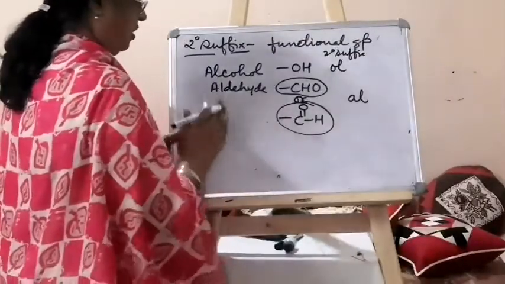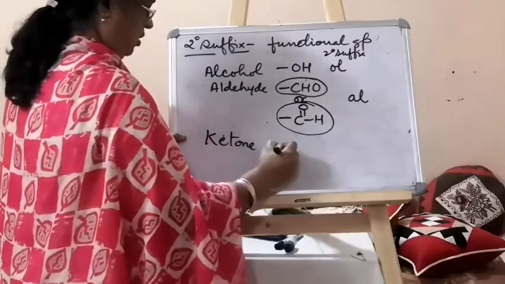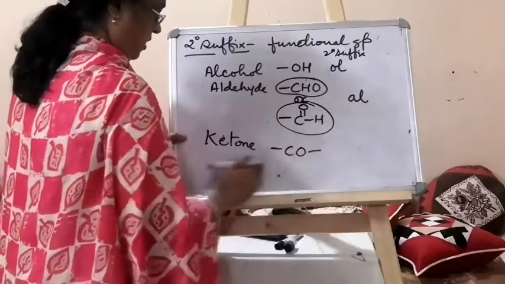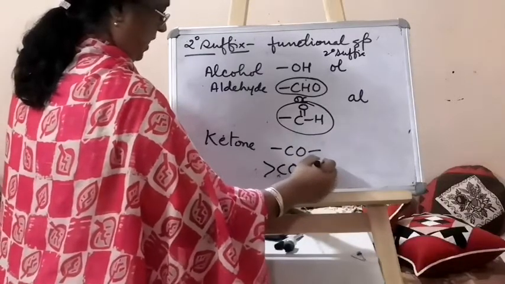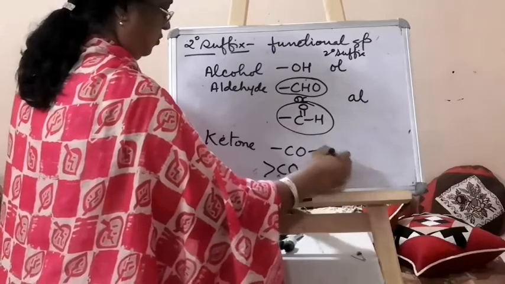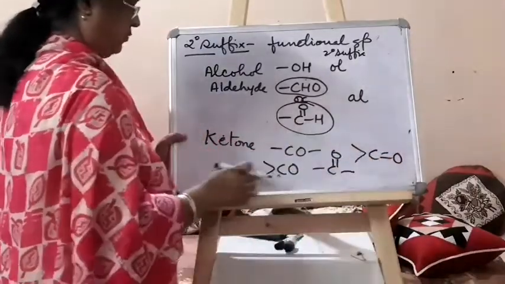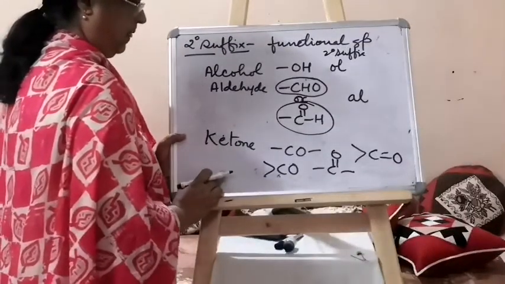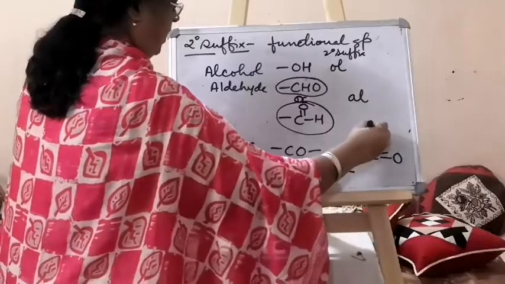Now alcohol, aldehyde, ketone. Ketone is what you have learned this way, which you can write this way also, or you can write like this also, or you can write like this also. So these are the various ways to write this ketonic group. And for ketone, the secondary suffix is O-N-E, one.